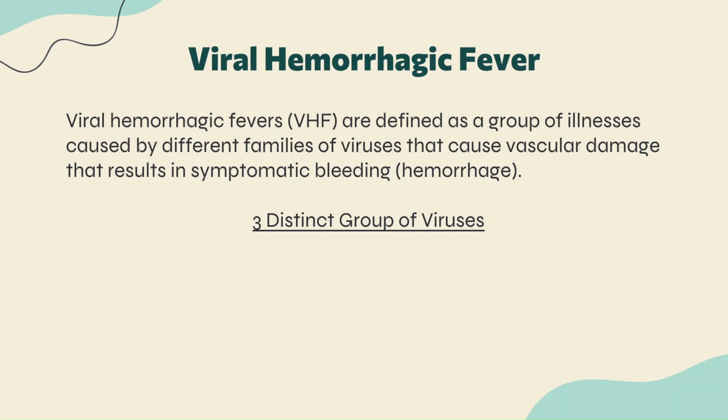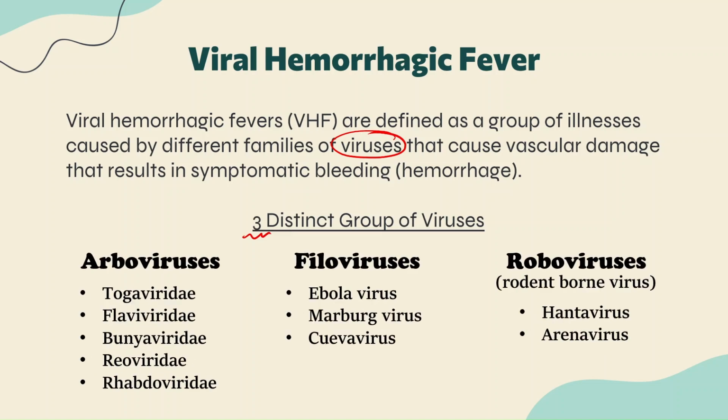Now, which viruses? There are three distinct groups of viruses involved: arboviruses, filoviruses and roboviruses, guys. Under arboviruses we have five important families: togaviridae, flaviviridae, bunyaviridae, reoviridae and rhabdoviridae.